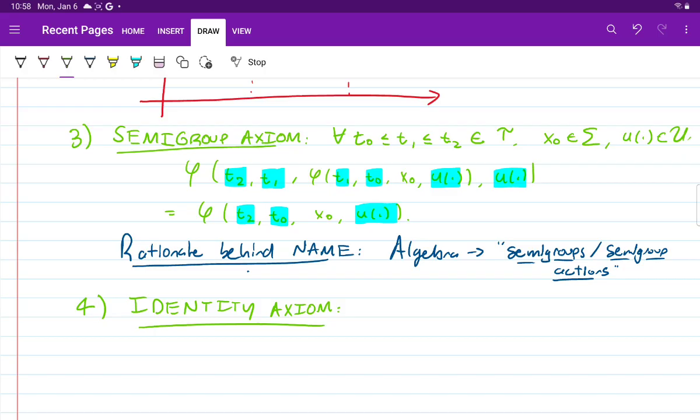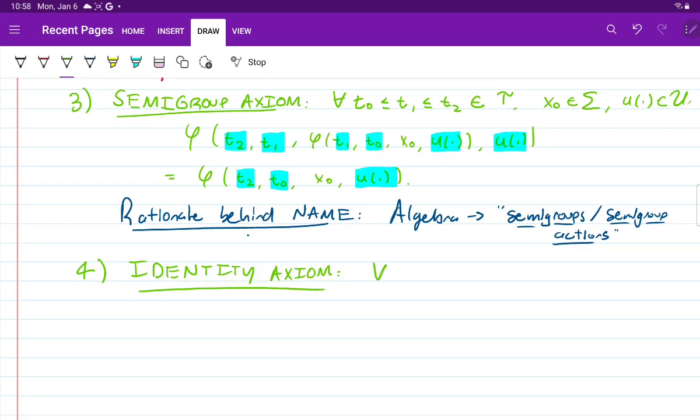So if we put this in math, what this says is for all times t in our time set, all states x in our state space, and all input signals u in our input space, we have phi of t, t, x, u equals x, okay?